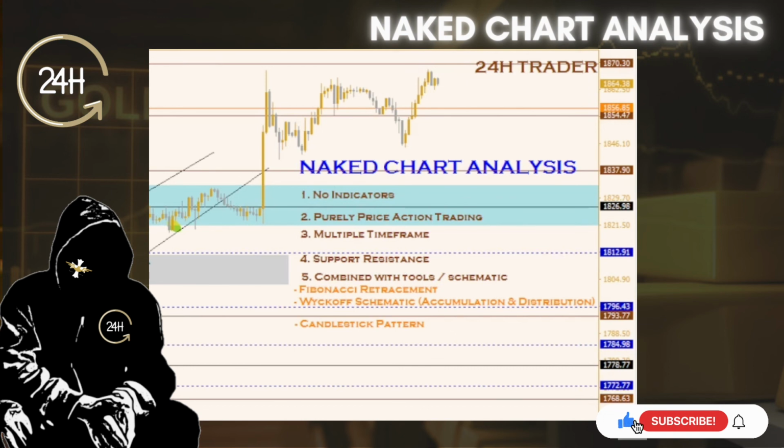I use different line colors on my chart to identify support and resistance from different time frames. And number five, I combine it with other tools like Fibonacci retracement and Wyckoff schematic, but mostly I use the candlestick pattern and the Wyckoff schematic, whether it's accumulation or distribution.